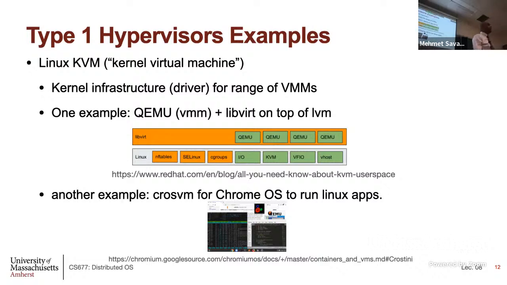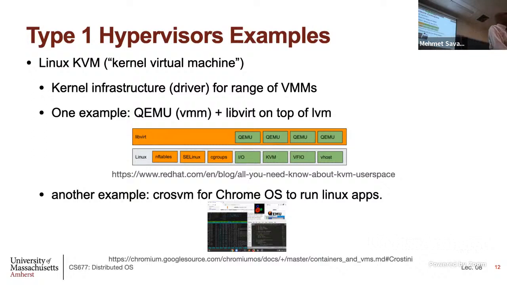But you will see that the picture is a bit muddled. It's no longer clean. It's not like you booted KVM, then ran Linux or some other OS. So you essentially booted Linux, and KVM is kind of now added as a new functionality. So it's general purpose OS plus type 1 hypervisor at the same time. Right? There are other examples for Chrome and so on, which I'm going to ignore here.